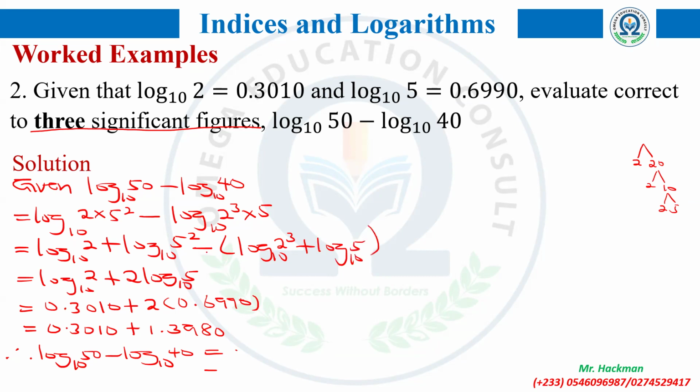As you mature, you can remove the bracket straight away so that you know that each of the terms is clear. I'm going to get minus, so take note. This will come down. I'll get 3 log base 10 of 2, then minus log base 10 of 5.